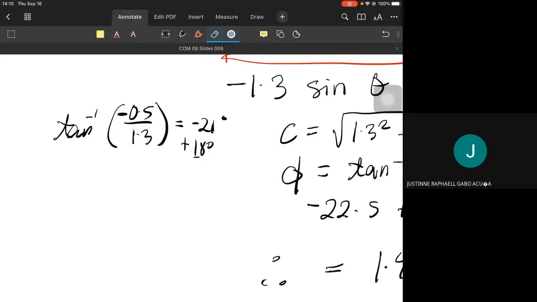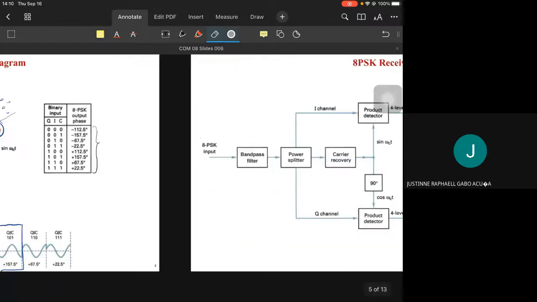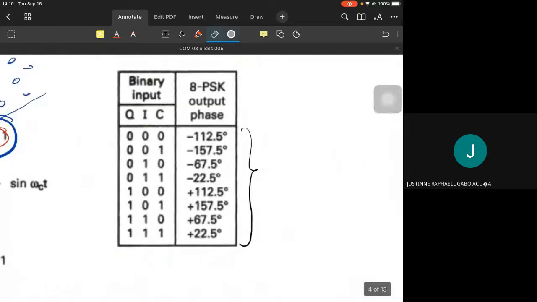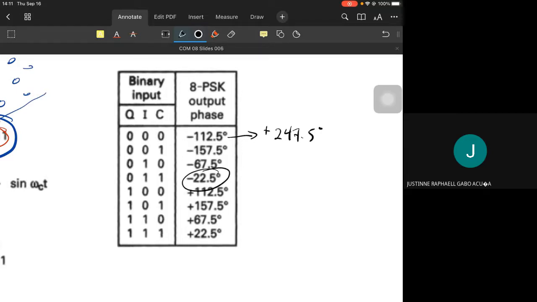So even our resource, because we haven't been using standard position. When I mean standard position, especially in trigonometry, in trig, standard position is really required. This negative 112.5 plus 360 is supposed to be positive 247.5, no? So they are now the same. Then for this, we brought our angle earlier, negative 22.5.